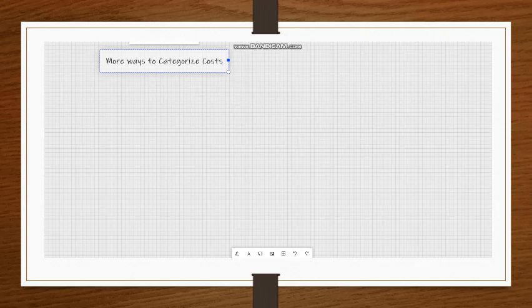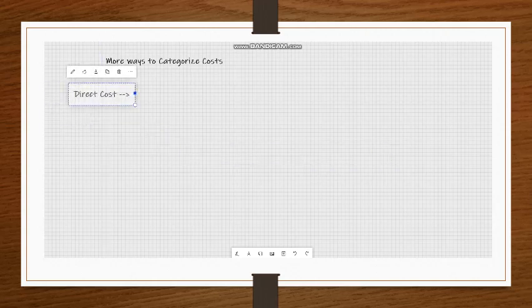The first one is direct costs. Let's write it down. Direct cost. What does it mean? Let's define it.